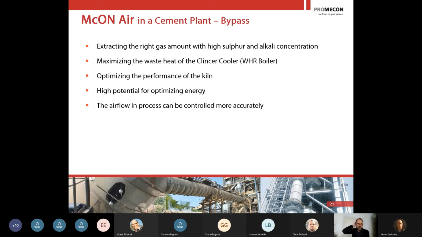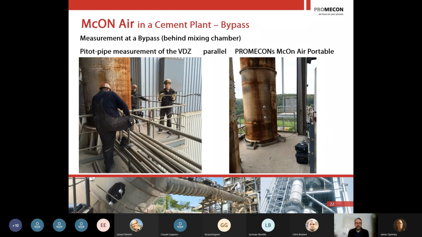Here we have an example where we had a comparing measurement with the VDZ, which is, let's say, one of the major measurement groups in the German cement industry, which does certified measurements of flows by hand with pitot and also other extractive probes.